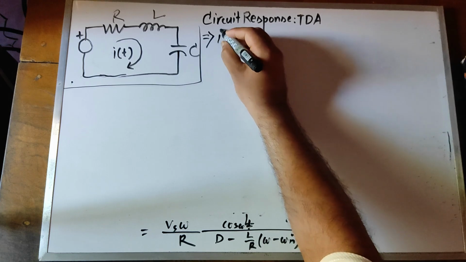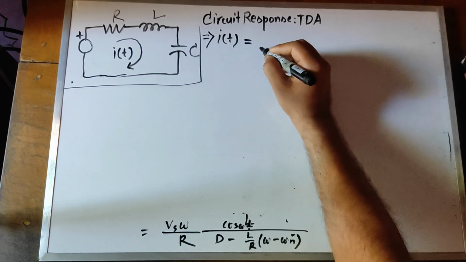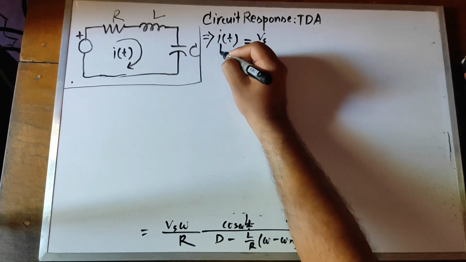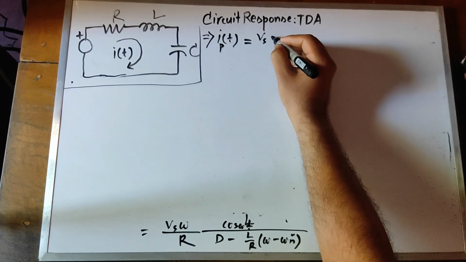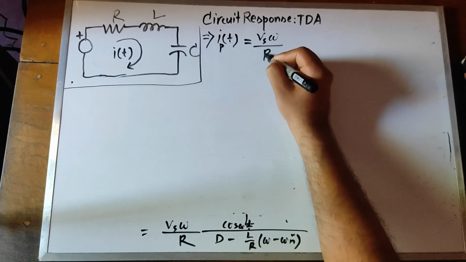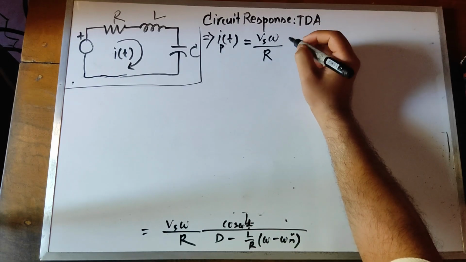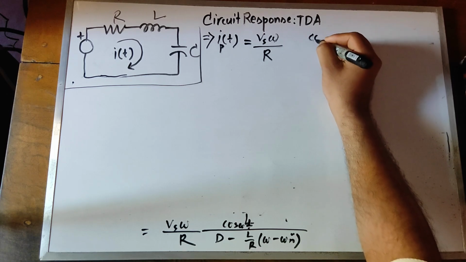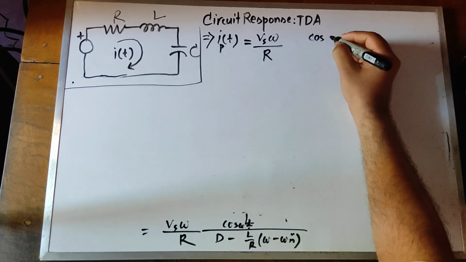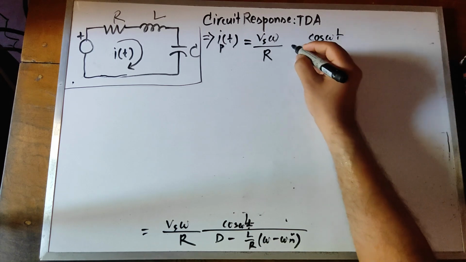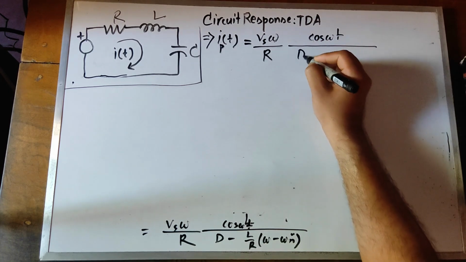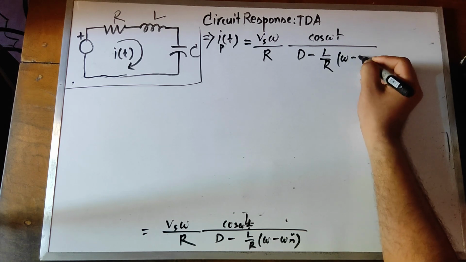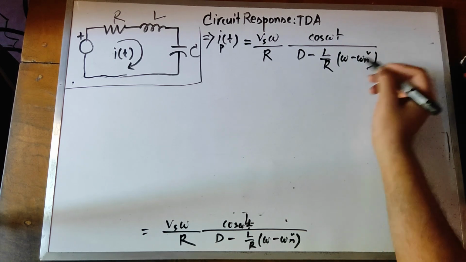So thus far I have found, I am finding the particular integral i_p: omega by R, cos omega t by D minus L by R (omega squared minus omega n squared).